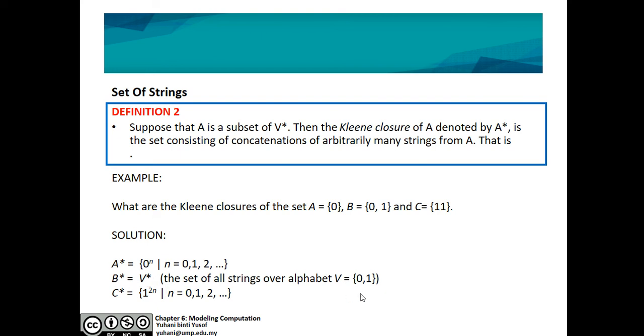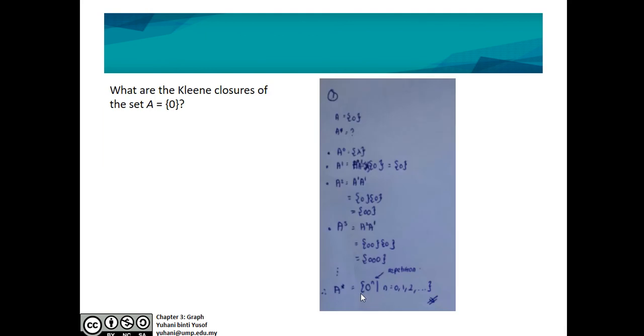So let's go for example 1. What is the Kleene closure of the set A, which is {0}? Given A equal to {0}, you need to find the Kleene closure of A, which is A star. A0 is the empty set. A1 is the combination of the empty set A0 and A, so empty set with 0, so 0.